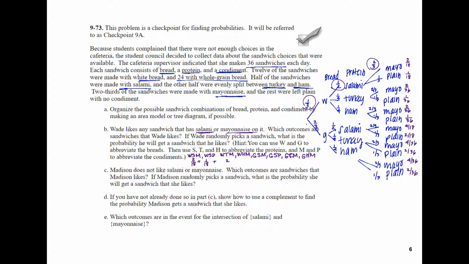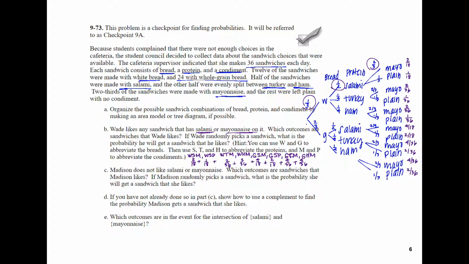So we got 2 out of 36, 2 out of 36, 4 out of 18, 2 out of 18 chance for this one, 4 out of 36, 4 out of 36.